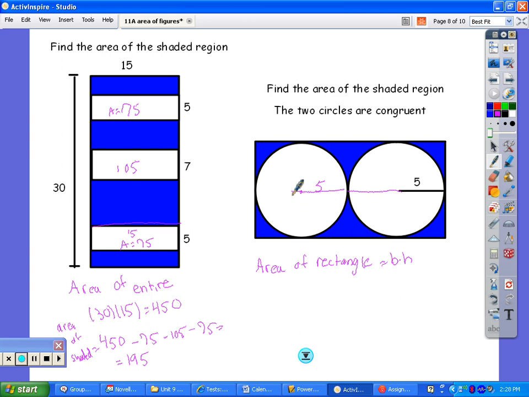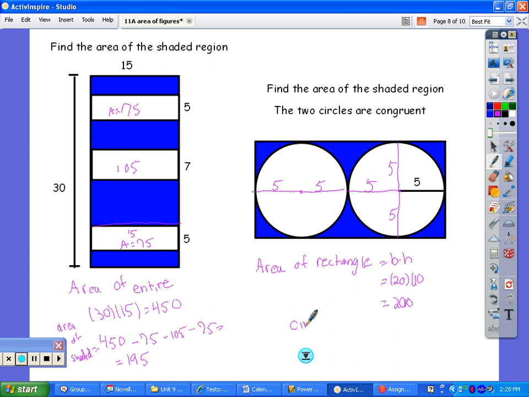We have a circle all the way across, it would be 5 radii. So the base would be 5, 10, 15, 20, or 5 times 4, which is 20. The height, well, this is a radius again, so that's 5. This distance is a radius, so that's 5, so the height is 10. So we have 20 times 10, so the area of our rectangle is 200.